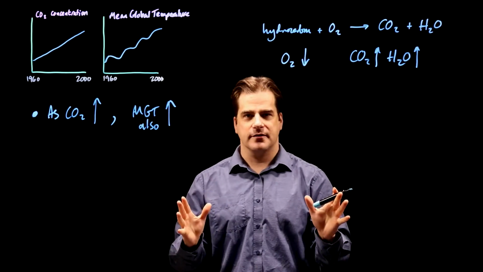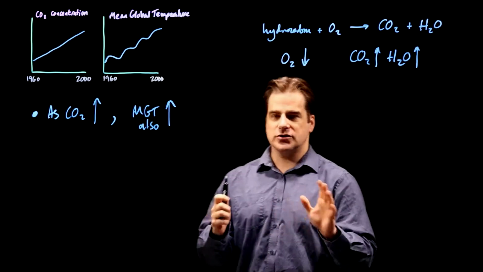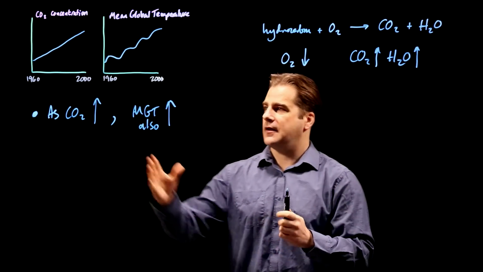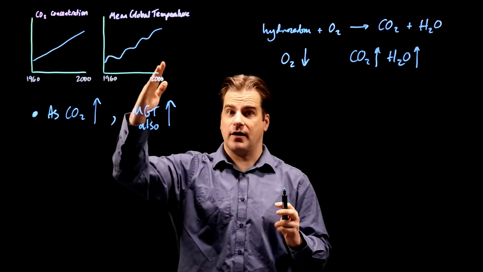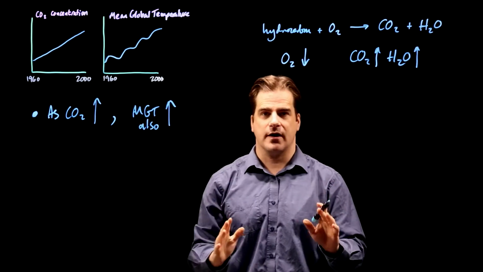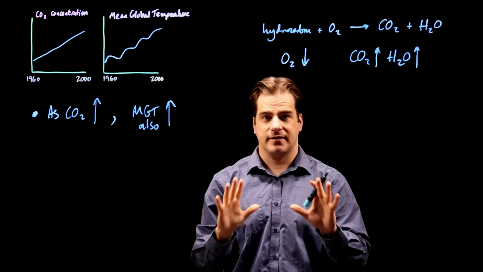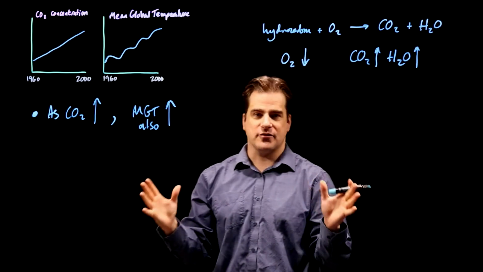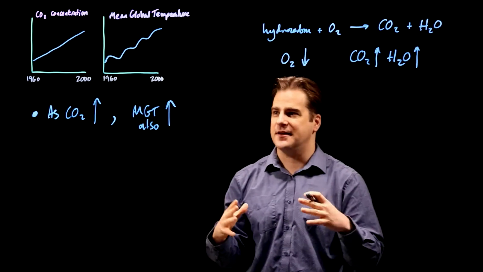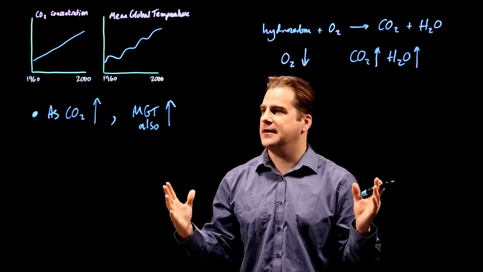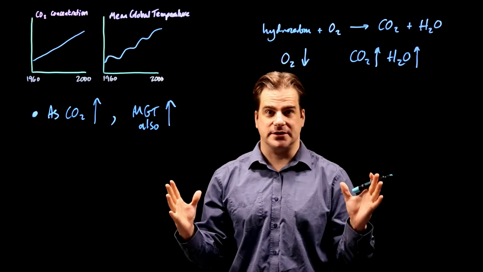Have you heard that phrase? It's a logical fallacy to say that if 2 things are correlated, and these are correlated, that one's going up at the same time as this, then one causes the other. You cannot say that, okay? This is more than just a chemistry question. It's far more than that. It's a general life, philosophy, logic, general knowledge kind of question.